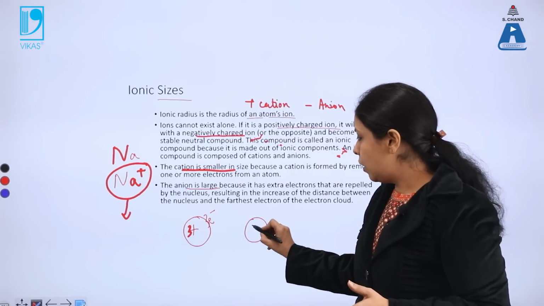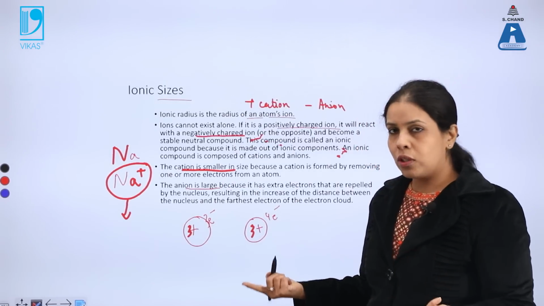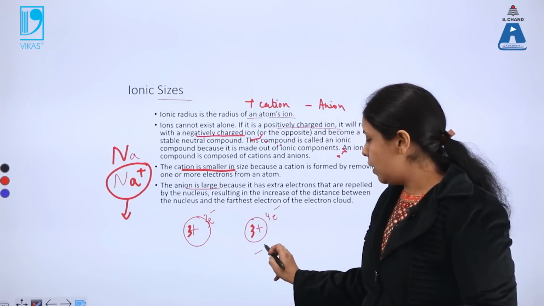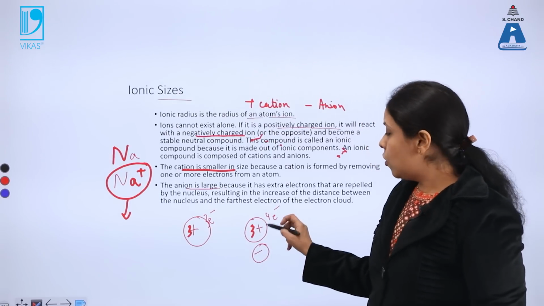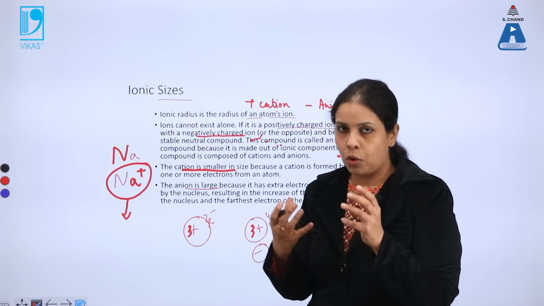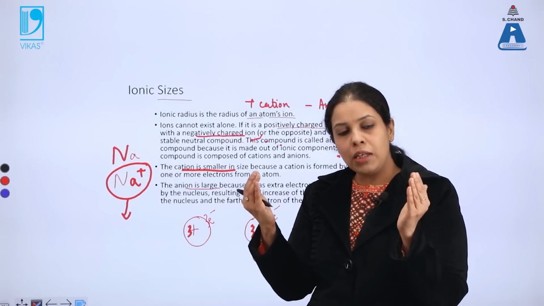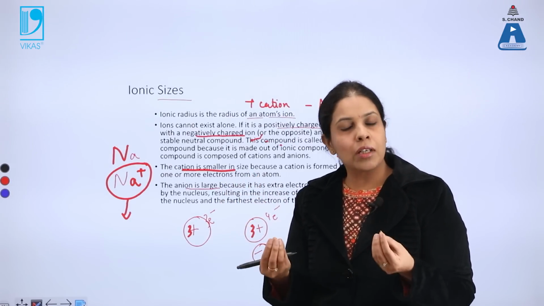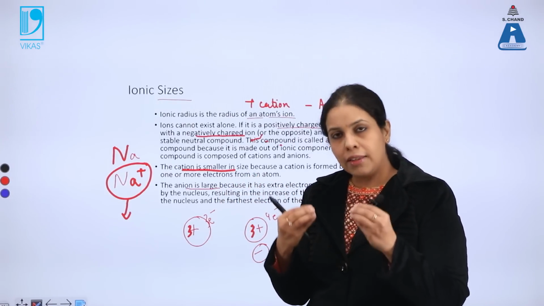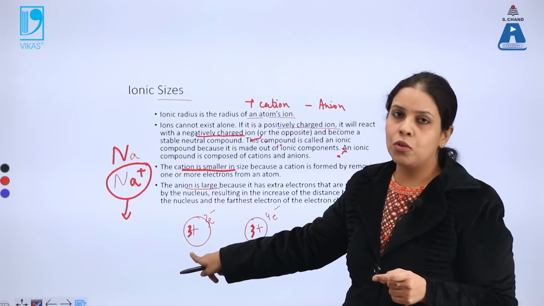Now I am having 3 protons and 4 electrons. 1 electron is more than the protons, so it is an anion, that is a negatively charged species. So in this case the positive charge is less, there are fewer protons, so they won't be able to attract the larger number of electrons, so the effective nuclear charge decreases. That is the reason the size of an anion is always larger than that of the neutral.